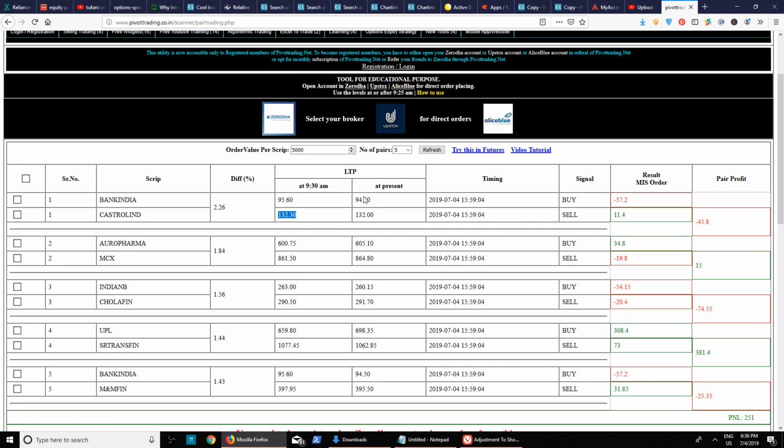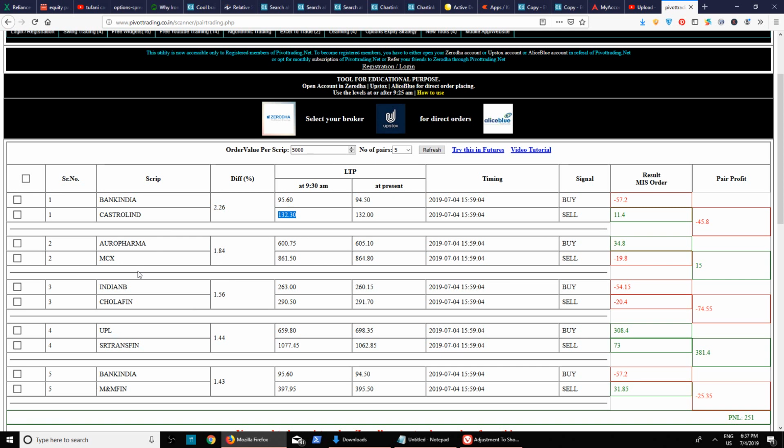Based on slippages, we can see there is a trend, so you would actually not lose. This might be a slightly negative loss, or no cost to cost. There could be slippages because these are the closing prices. The intraday orders get squared off at 3:20 or before, based on your broker. At Zerodha, it closes at 3:20.